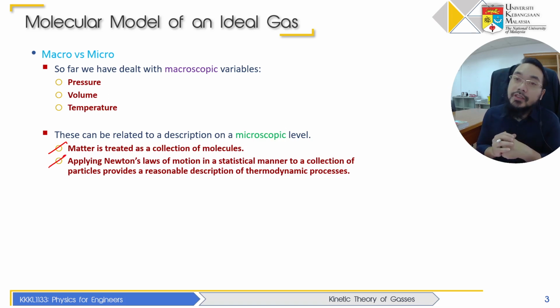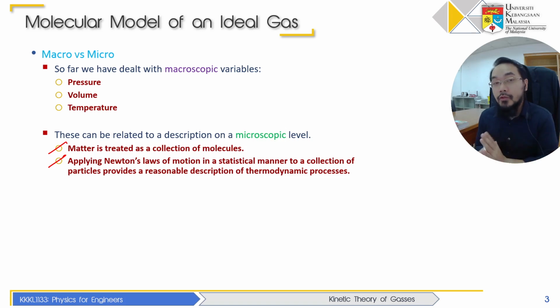This means we can apply Newton's laws of motion to each individual atom or molecule in our gas, and we can do it statistically. We don't have to measure it one by one, but we know that the behavior of the motion of atoms and molecules is distributed and can be modeled, so we can calculate it in a statistical manner.